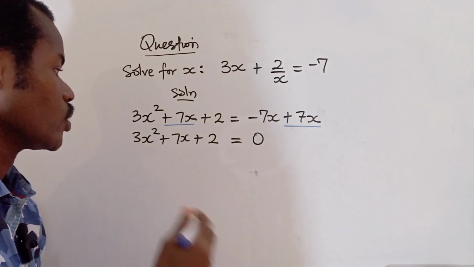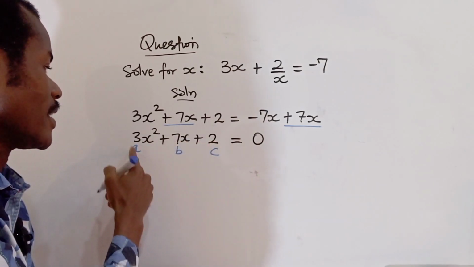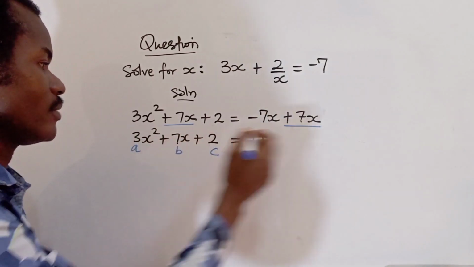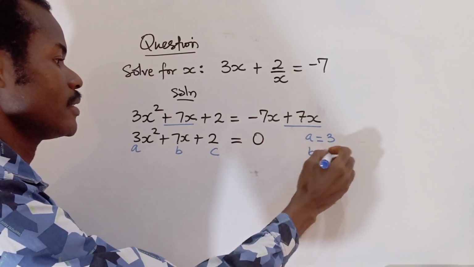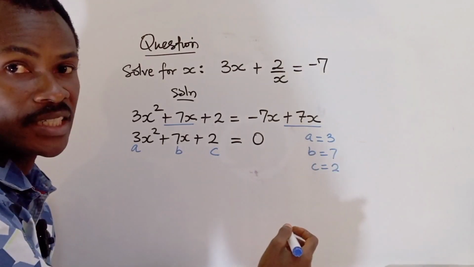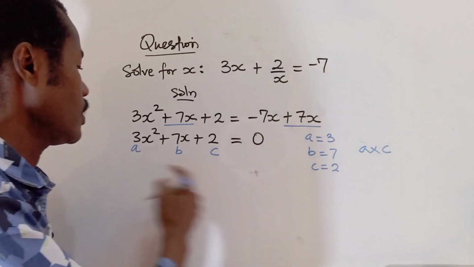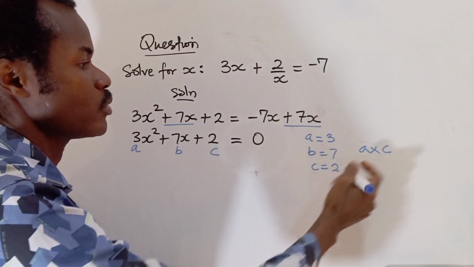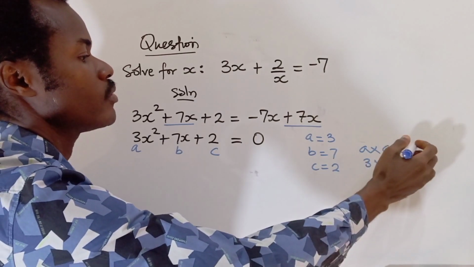For factorization, you want to get your A, your B, and your C. So our A is 3, B is 7, and our C is 2. The next thing is you want to get the product of A multiplied by C. So our A is 3 times 2.